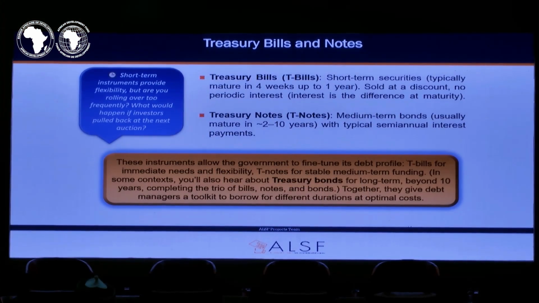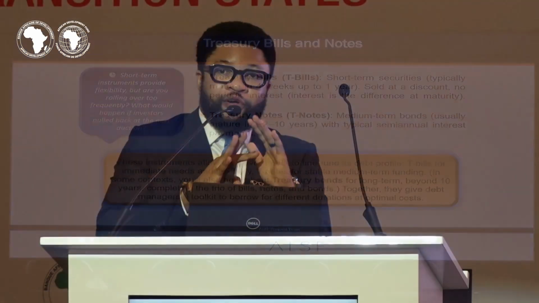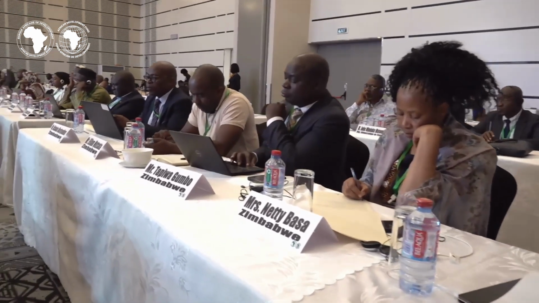So treasury bills and notes are also types of bond. I'm sure we are all familiar with the terms themselves, but what is necessary to know is treasury bills are short-term, usually between 1 to 5 years. And I like to define it in a very simplistic way. A treasury bill is a government debt that is sold at a discount and redeemed at the full face value.